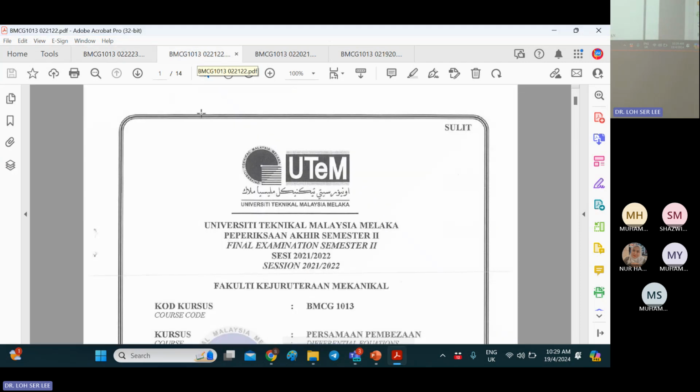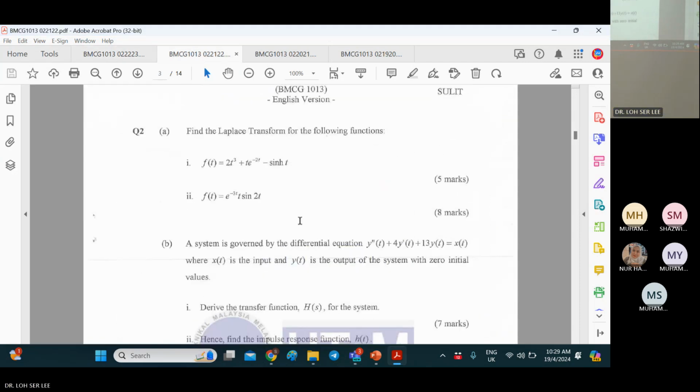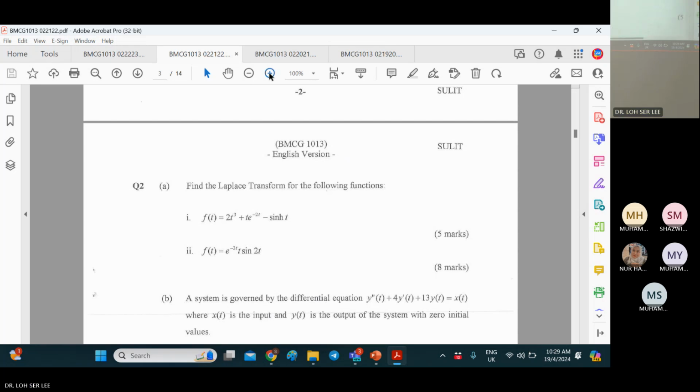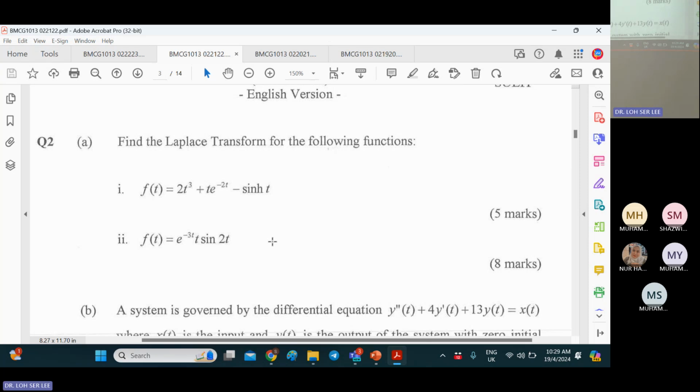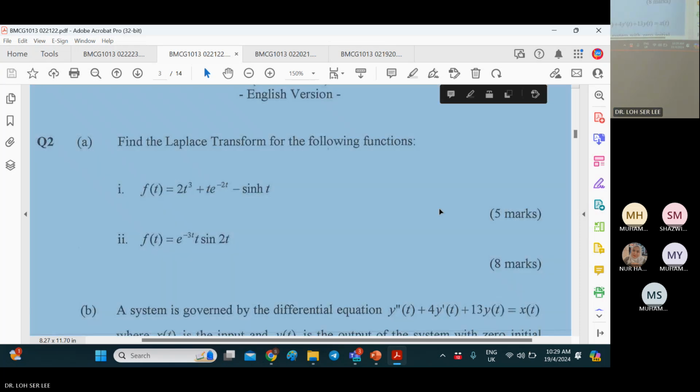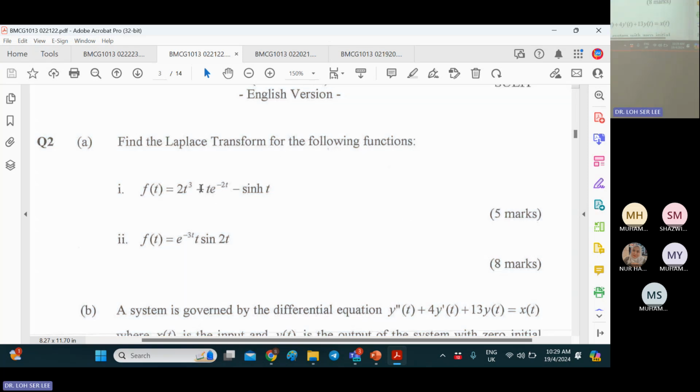Okay, we look at another year, this is 2 years back. There's no unit step function. This one shouldn't be a problem, and this one also shouldn't be a problem, but for this second term, what do you need to apply to Laplace transform it?